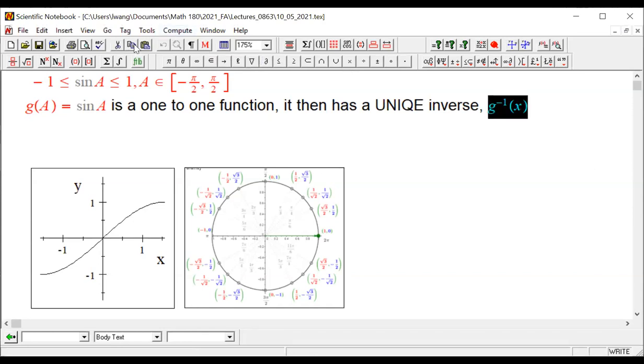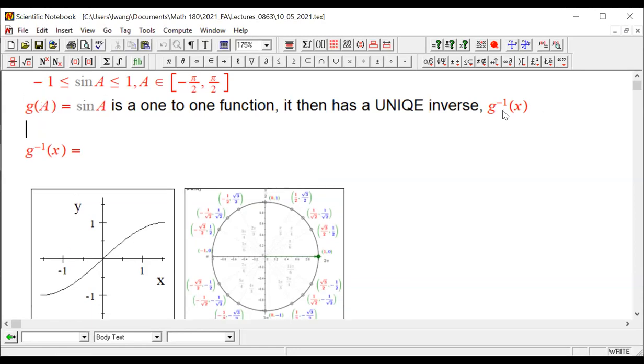The inverse function's domain and range is already set before we even give it a name. So what is the domain and range for this guy?